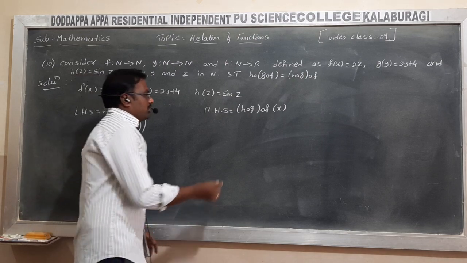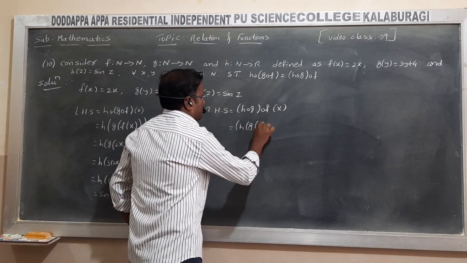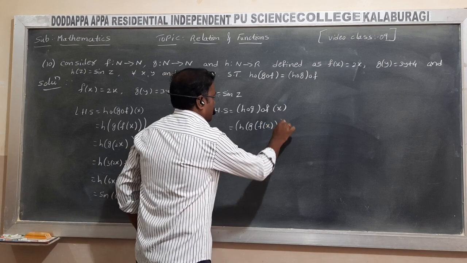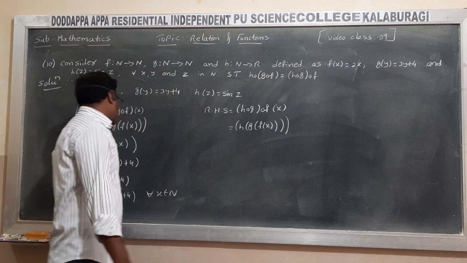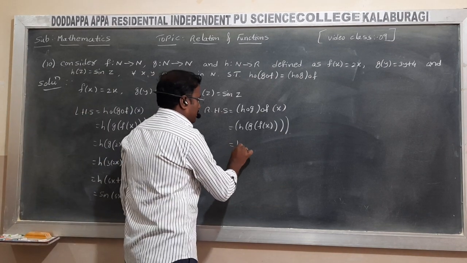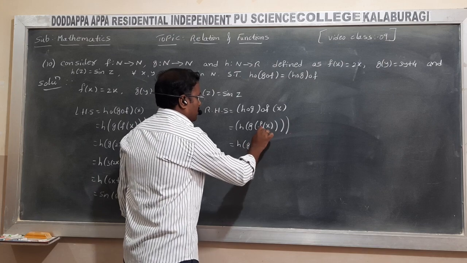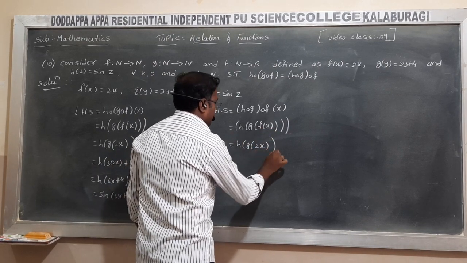Okay, so you can solve this one. h of g of f of x. Right? So first h of g of, what about the f of x value? f of x value is 2x.